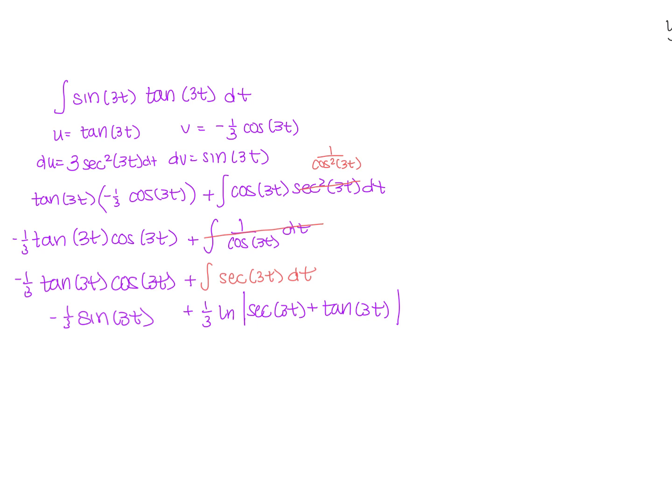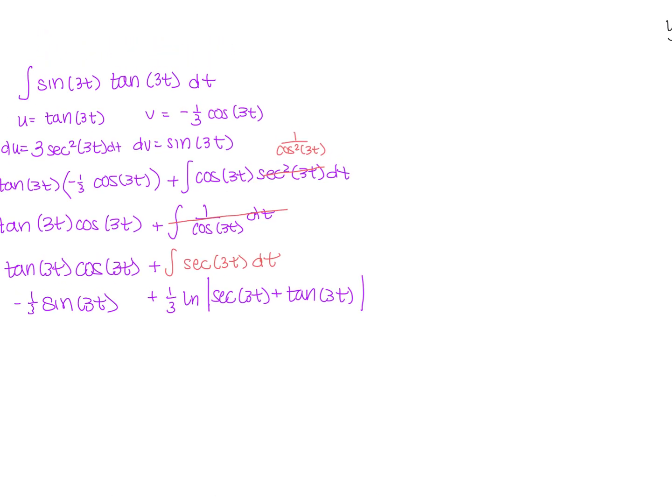And there actually is a different way we could have done this same integral. It does require the use of trig identities, or being able to manipulate things with trig identities. And so it looks something like this. I'm going to take that same integral, only this time I'm going to rewrite it.